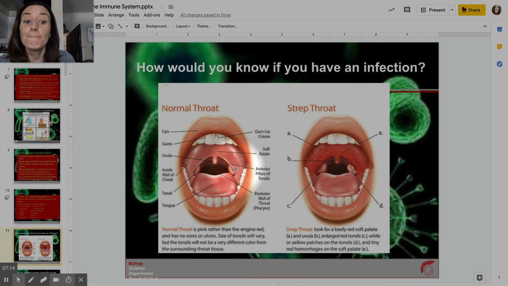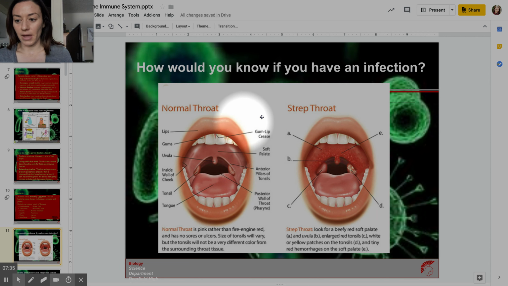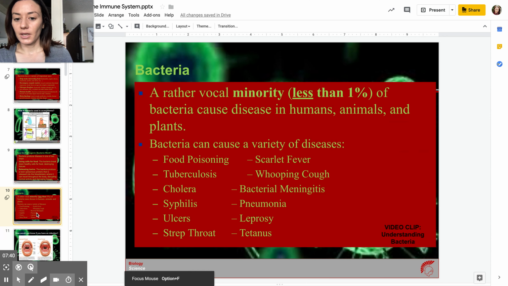But if you had a yellow patch and your tonsils were really enlarged, this is a sign of strep throat. So when you go to the doctor, often they'll take a cotton swab and they'll test it to see if you have that strep throat bacteria. If so, they would give you antibiotics.